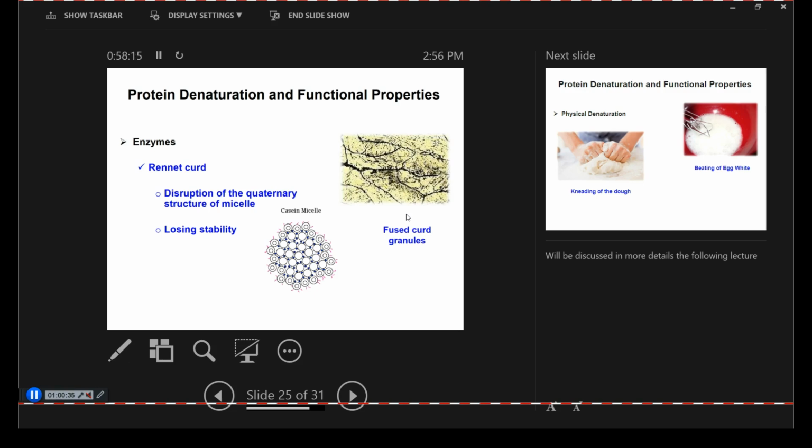Then you have mostly hydrophobic on the surface, and the casein micelles start coming together, forming hydrophobic interactions and also calcium phosphate bridges. You already have calcium phosphate bridges, and that's why when you add calcium to milk, you enhance the curd yield. So you form strong hydrophobic interactions, expelling water out, forming the curd. So enzymes play a big role in stability of protein or losing stability.